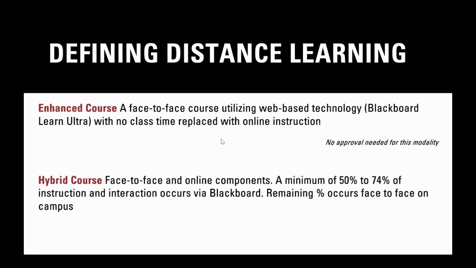A hybrid course, on the other hand, is a combination of both face-to-face and online components. With a hybrid course, a minimum of 50 to 74% of the course takes place online. So that could be asynchronous without you via Blackboard. The remaining percentage would be face-to-face.